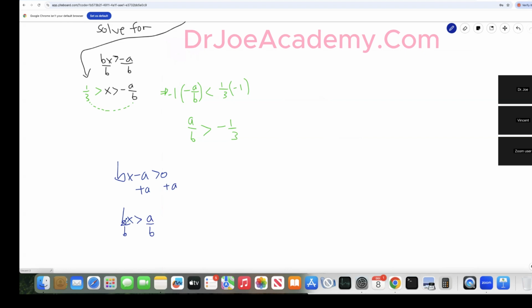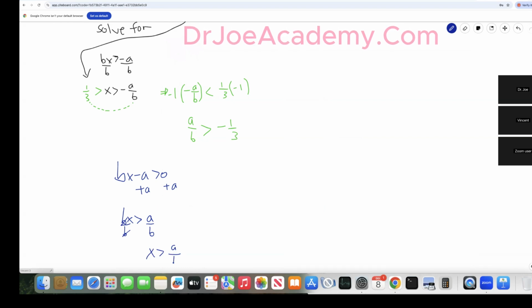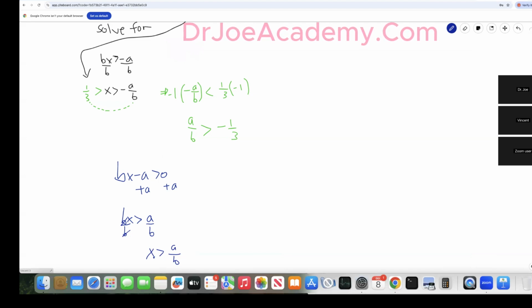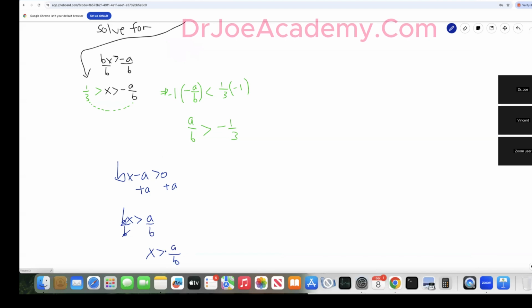we get this to cancel. So we get x is greater than a over b. So a over b is less than x, but we also know that a over b has to be greater than negative 1/3, right?